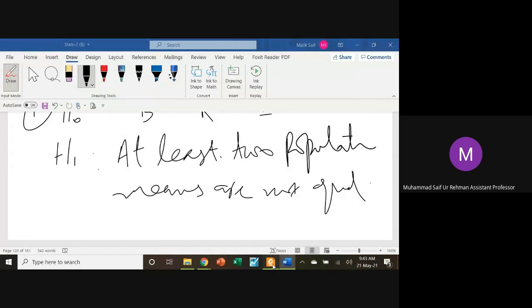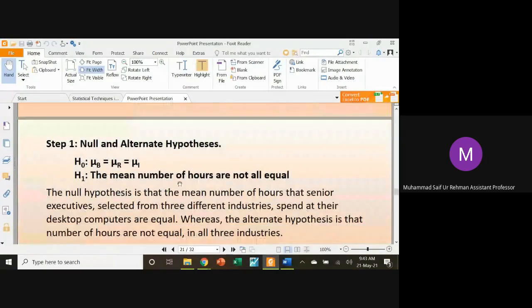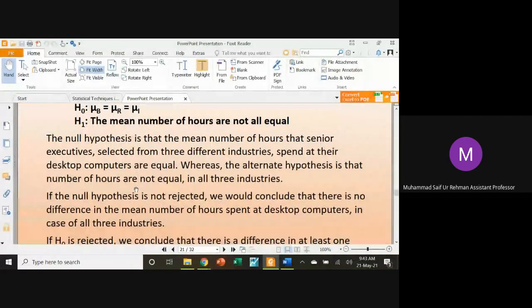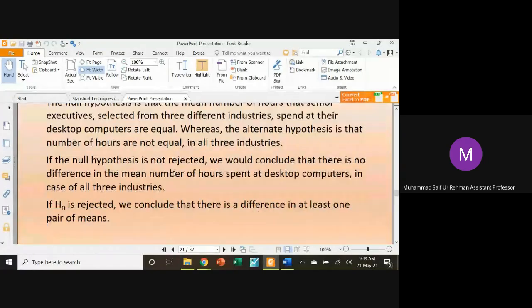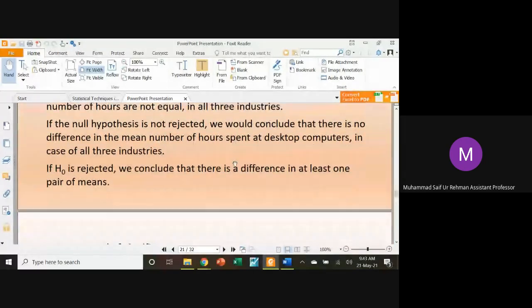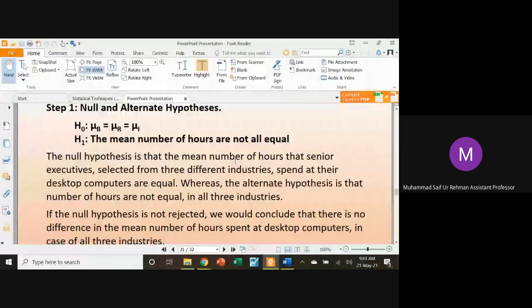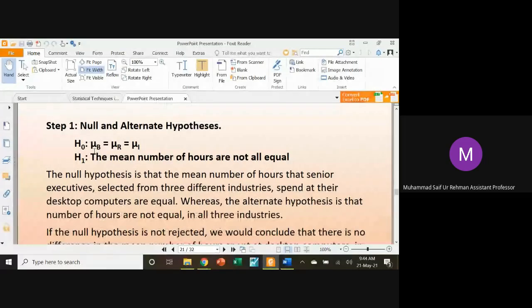So that is what I have written over here. The mean number of hours are not equal, or at least two means are not equal, or you can write down all means are not equal. Okay. So in this way, you will set the null and alternate hypothesis. Fine. Then there is some detail. You can understand this detail: what I mean by mu b, what I mean by mu r, what I mean by mu i.